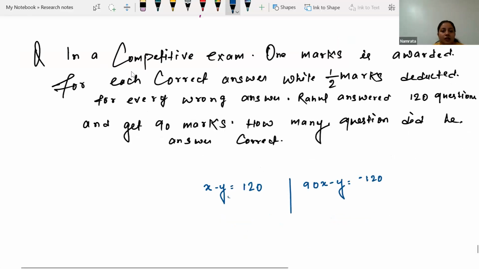Here it says that in a competitive exam, 1 mark is awarded for each correct answer, while half marks are deducted for every wrong answer.